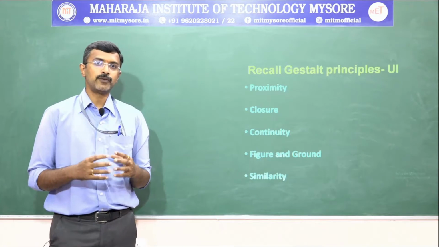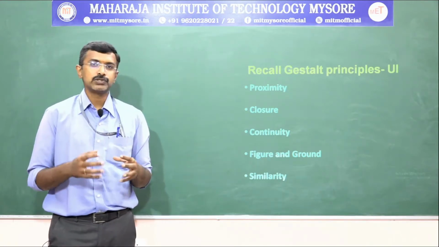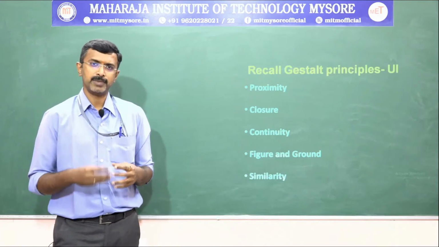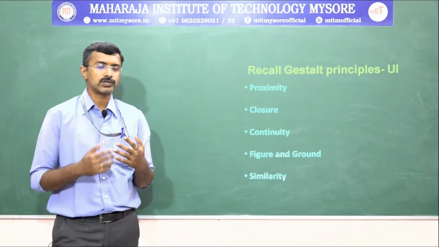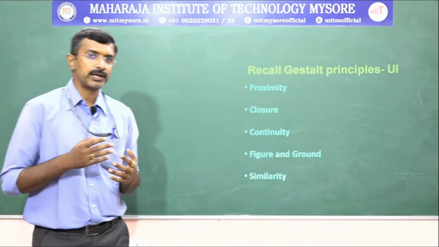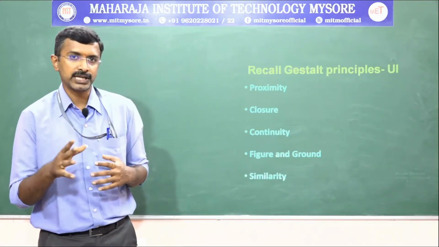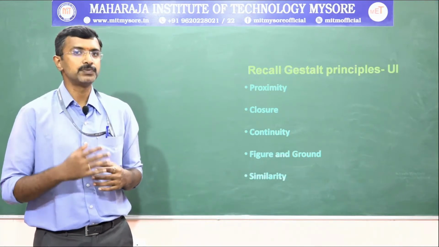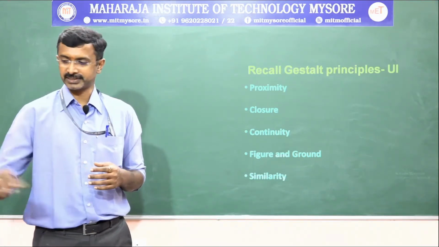When we are designing it, what gestures should we consider, what makes sense, what should be the background, what should be the foreground, how to make the user concentrate on a particular thing. All these things are the UI principles. This we discussed exclusively in the previous class.